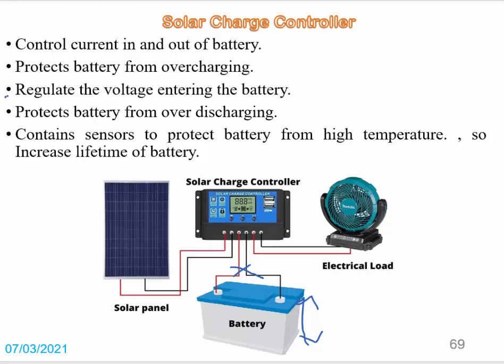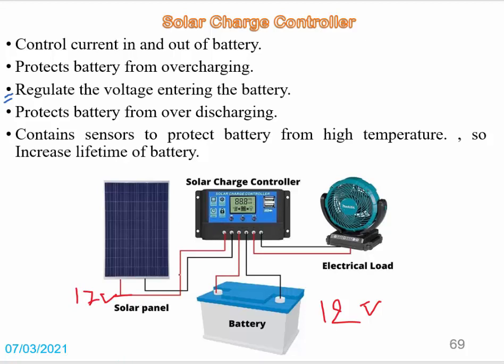The next point, regulate the voltage entering the battery. So it also controls the amount of voltage. For example, we use a 12-volt battery. The solar panel may provide more than 12 volts, for example 17 volts.